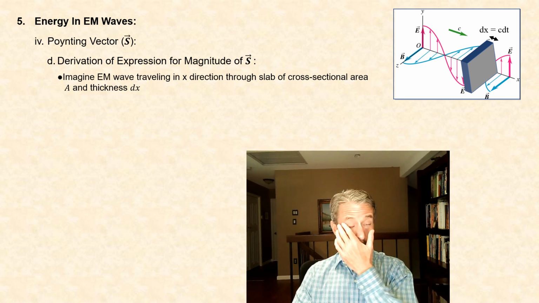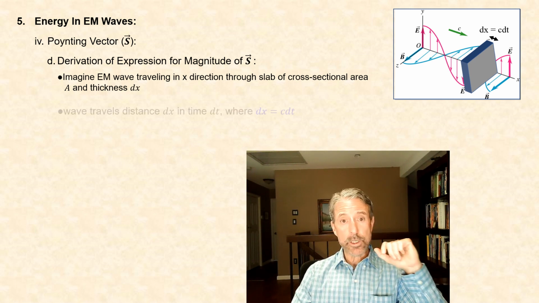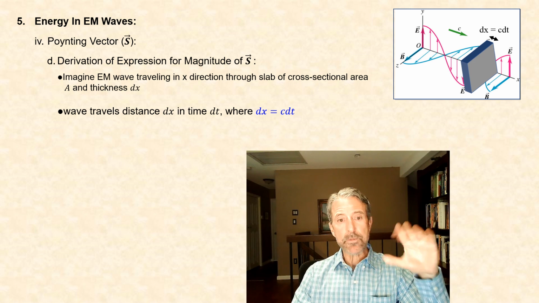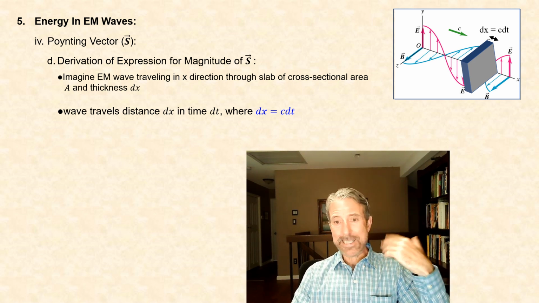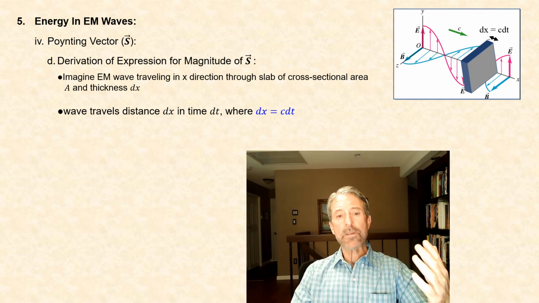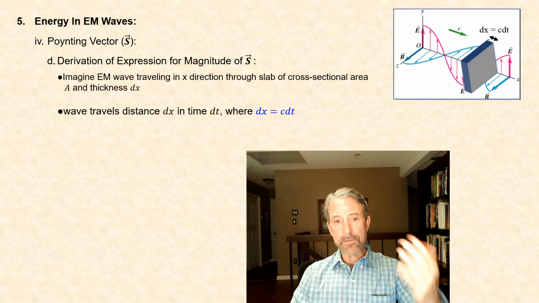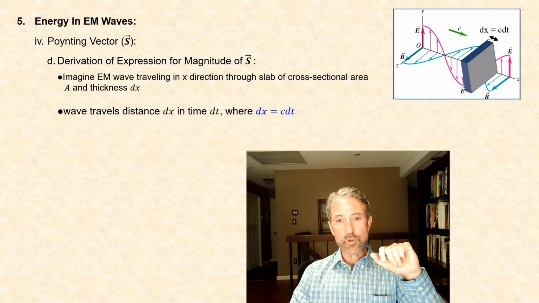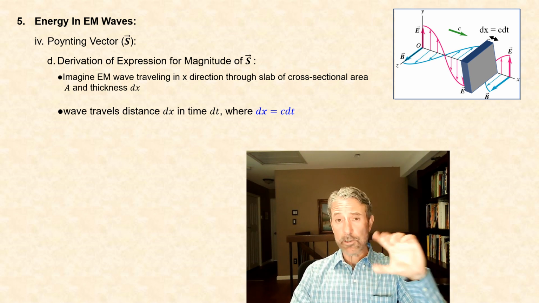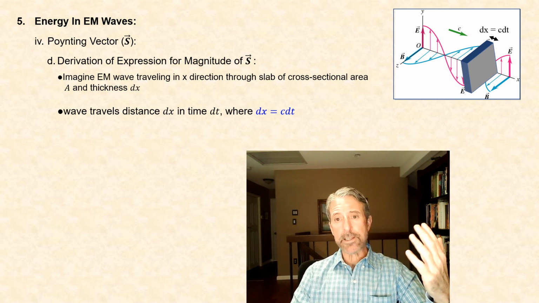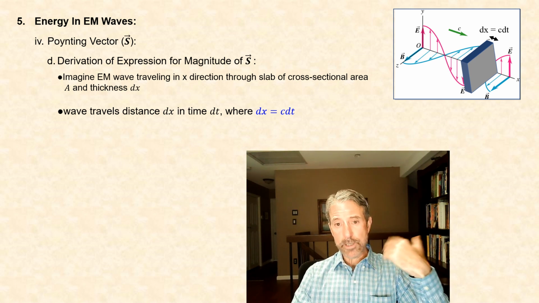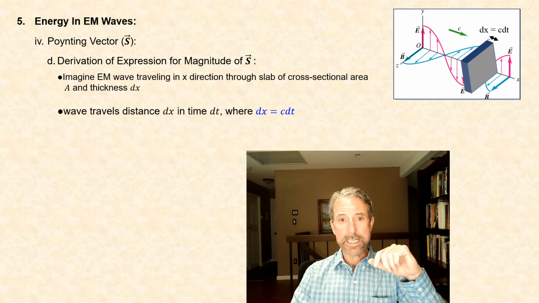Given this diagram here, using some simple kinematics, we can say that the wave will travel a distance dx in the x direction in a time dt, and distance equals rate times time, right? So that electromagnetic wave traveling in a vacuum travels at a speed c, so we're simply saying that the distance it travels in this infinitesimal time dt is given by the expression dx equals c times dt.